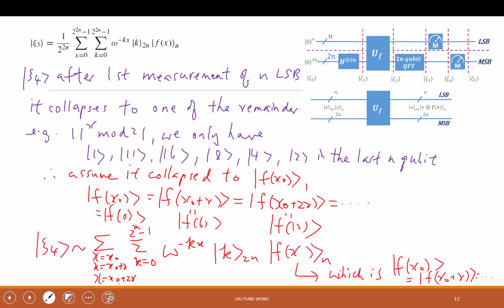I don't think it's clear. Any question? You need to ask. I don't know how to explain more. Which part is not clear? Which part is clear?